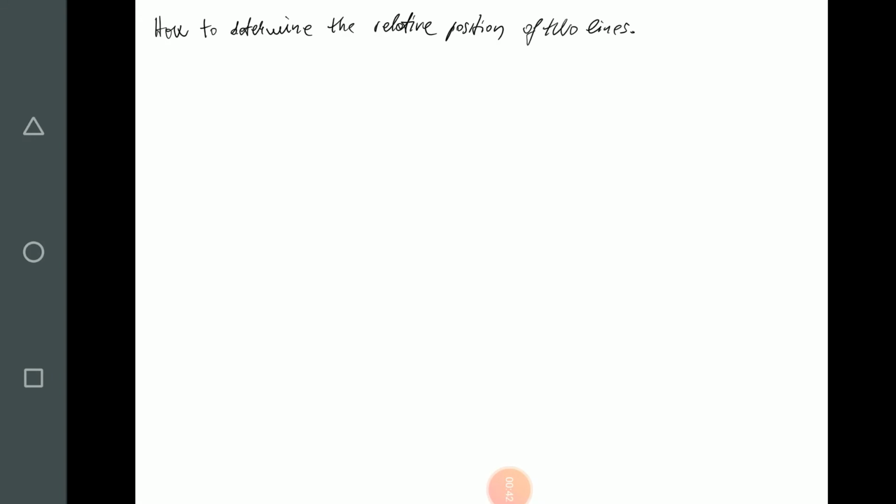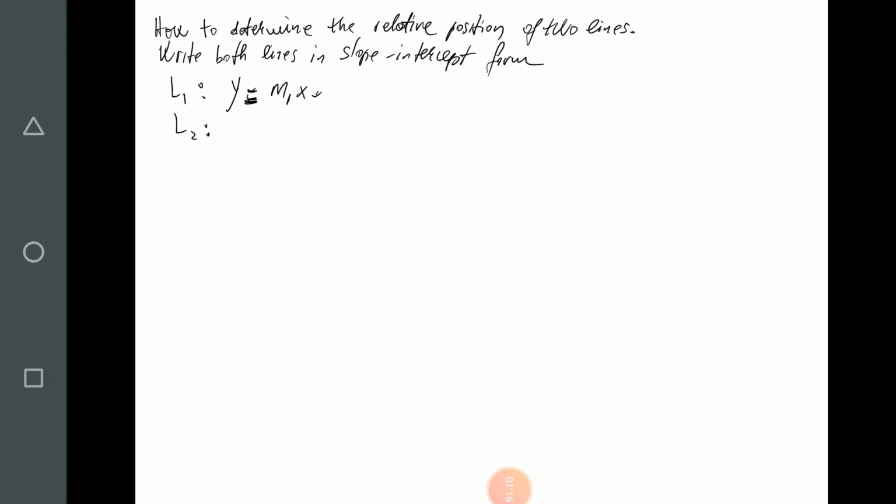There are various ways to do that, but I would say that the standard way is to write both lines in slope-intercept form. So that means both lines, let's call them L1 and L2, should be written as y equals something. So just get y by itself on the left side, and that gives you the slope-intercept form. y = m1x + b1, let's say, is the first line, and the second line is y = m2x + b2.